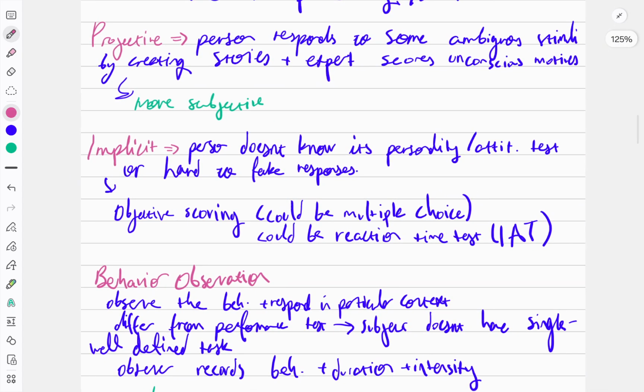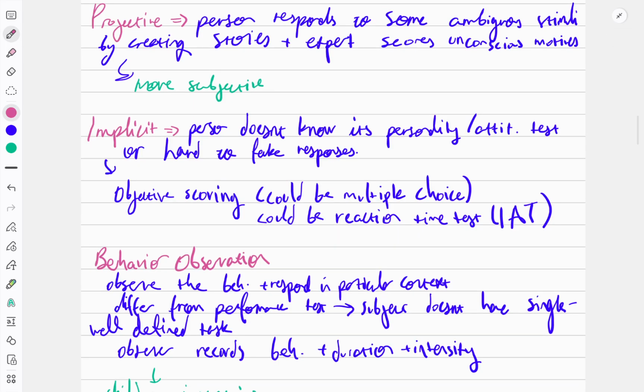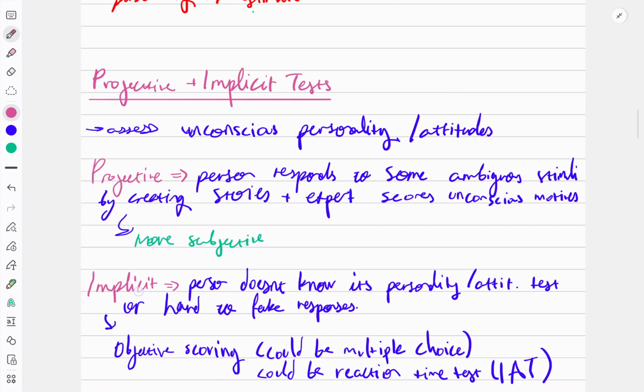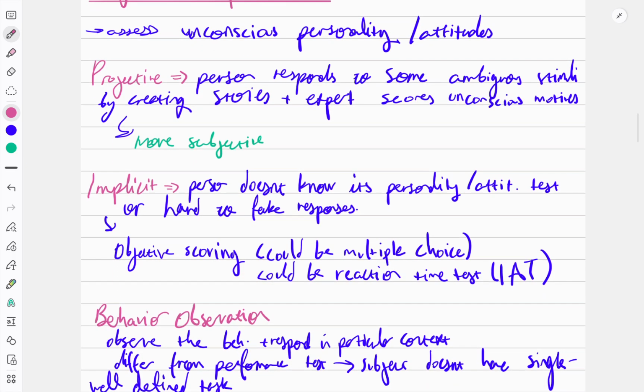And then we have implicit tests. And in implicit tests, the person doesn't really know what is being tested. Like, it's a personality attitude test. The person doesn't really know the real purpose of the test, or it's hard to fake the responses.